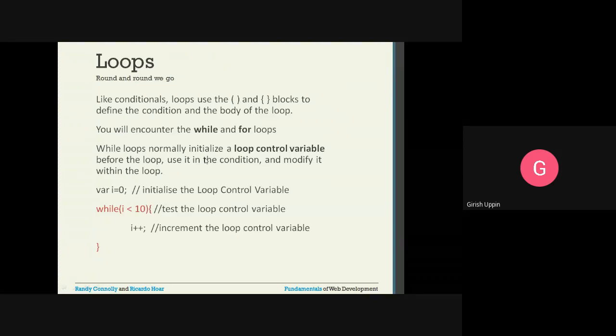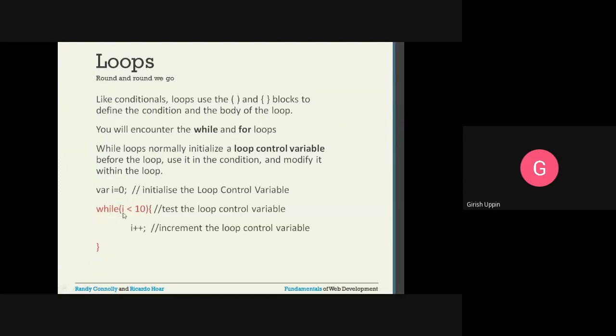While loops normally initialize a loop control variable before the loop, use it in the condition and modify it within the loop. So it is very similar to what we have studied already about the while loop. Here you can see initialization of a variable, var i is equal to 0.